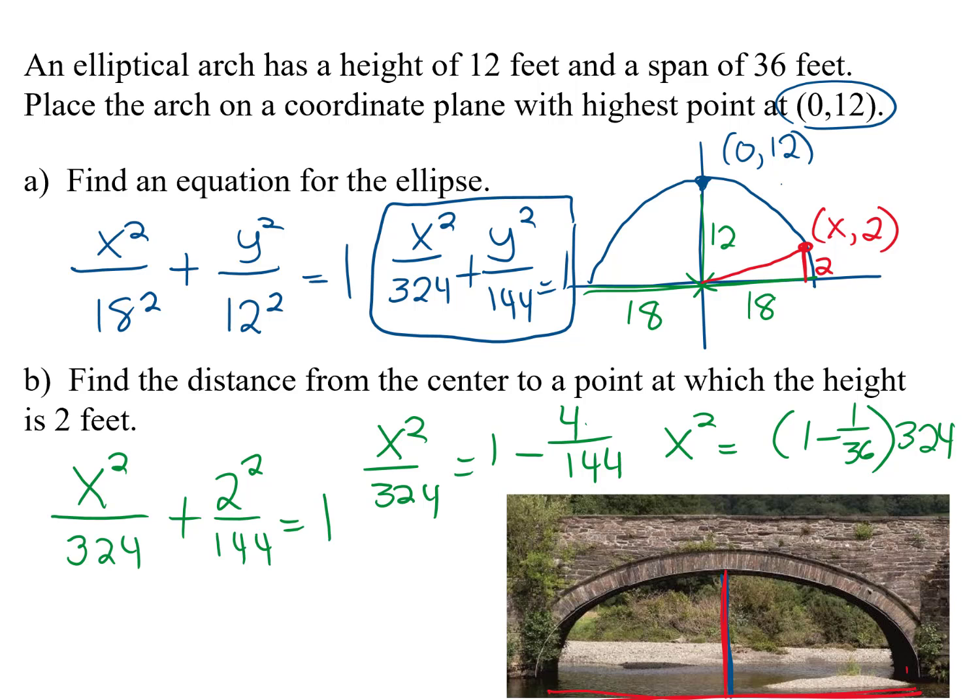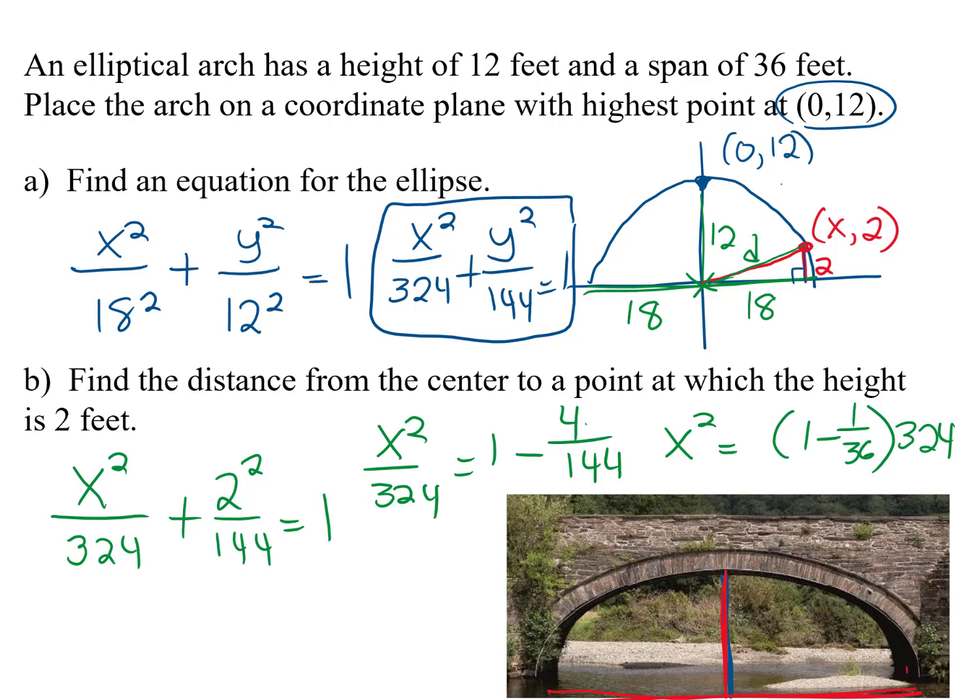Now what I was supposed to find is the distance. So let's look at our picture. I'm supposed to find this d, how far it is from the middle out to that point. So this forms a right triangle. And I can just go ahead and use the Pythagorean theorem, a squared plus b squared equals c squared.